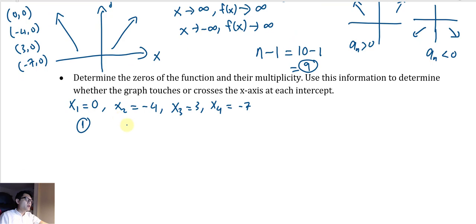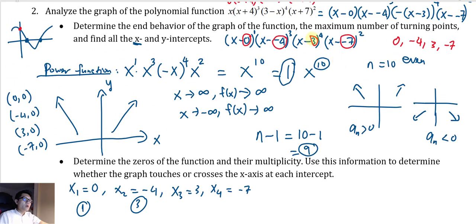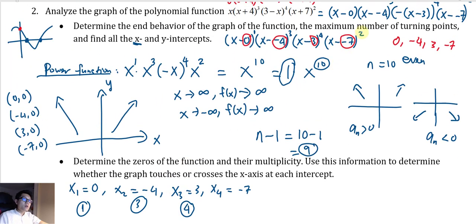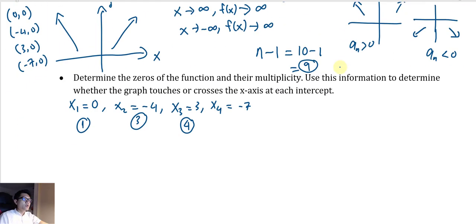So the multiplicity is 3. For 3, the power is 4. So the multiplicity should be 4. And for -7, the power is 2. So the multiplicity should be 2. Okay, so this is the multiplicity of the root. This is the root.